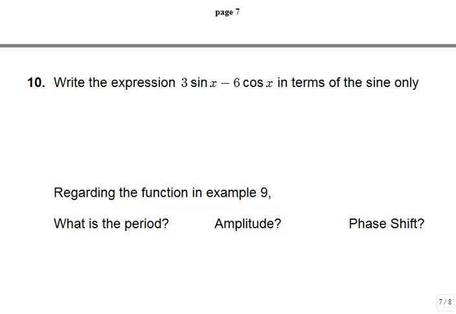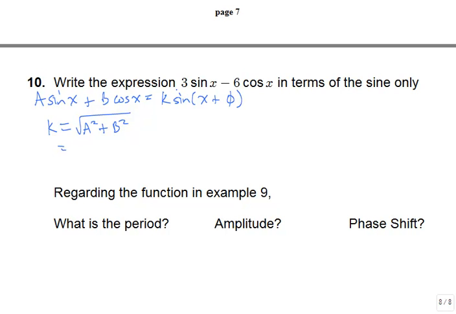So the formula was that a sine x plus b cosine x could be turned into k sine of x plus phi. Now let's find this k first. The k was defined to be the square root of a squared plus b squared.